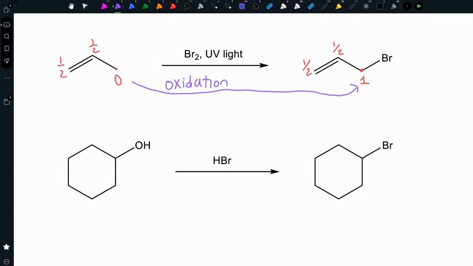My last one here, hopefully you can see that we have a lot of atoms at oxidation level of 0 and 1 carbon atom with an oxidation level of 1. And in the product, we have the same thing. So this would be an example of neither.